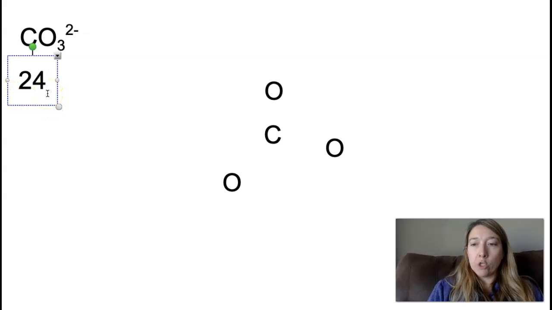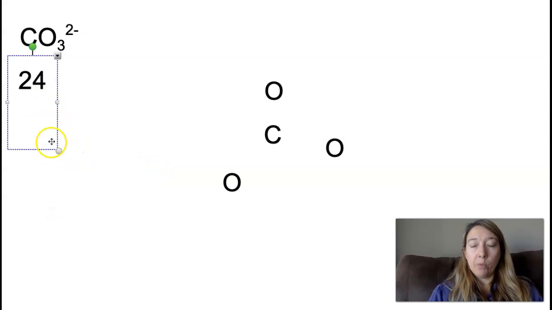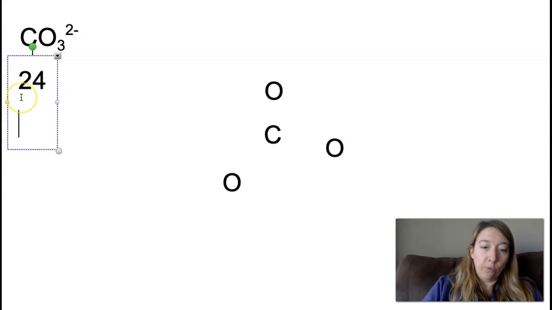So if you are choosing method number 2, you could start to place electrons in bonds and fill up your non-centrals. If you are choosing the math way, your next step would be to determine, if I wanted to give all of these a full valence shell, how many electrons would I need? So I have 4 atoms, none of them are special atoms, so 4 times 8 is 32.